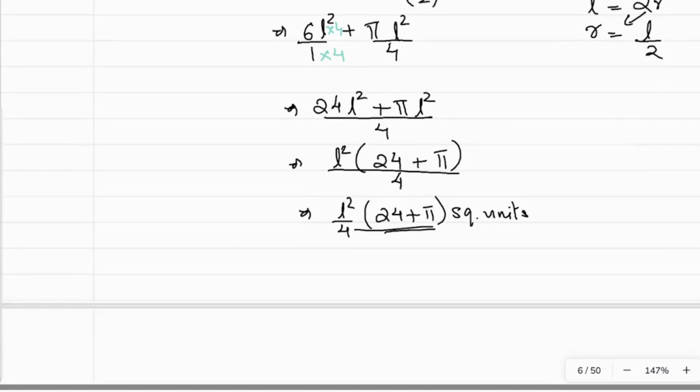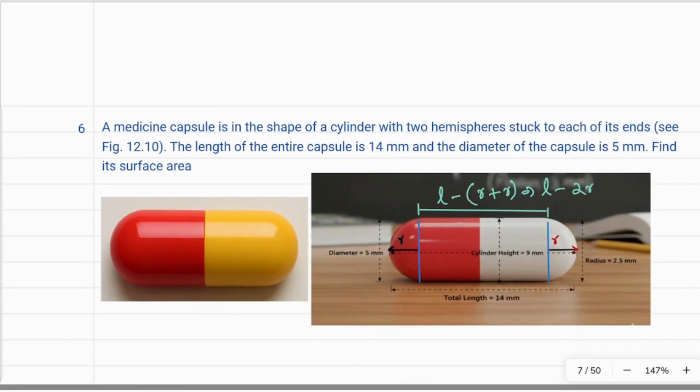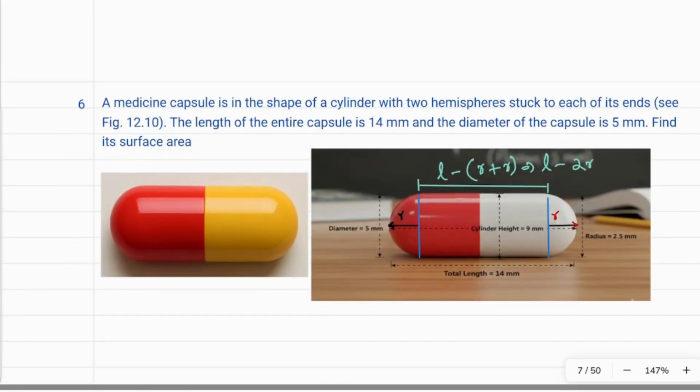Now, let's do question number 6. A medicine capsule in the shape of a cylinder with 2 hemispheres stuck to each of its end. The length of the entire capsule is 14 mm and diameter of the capsule is 5 mm. Find its surface area.